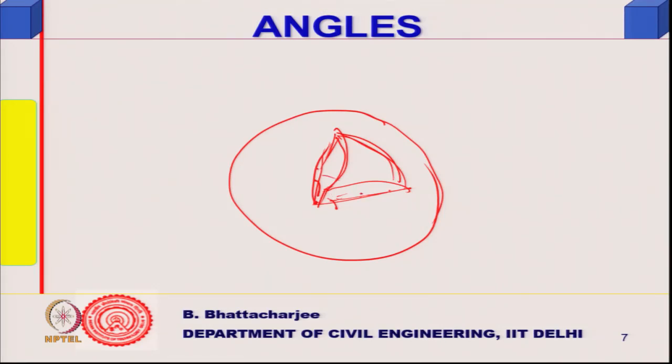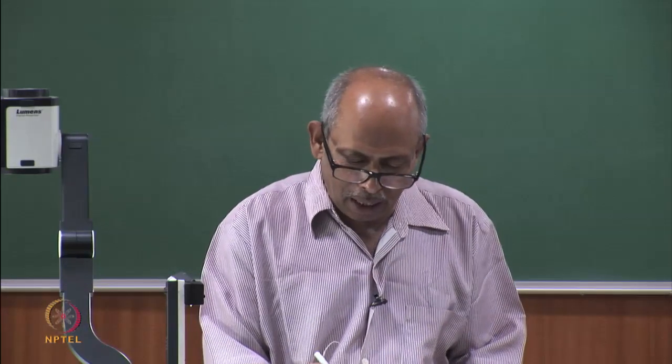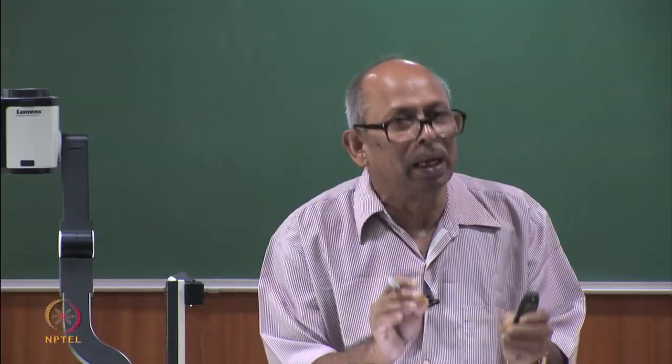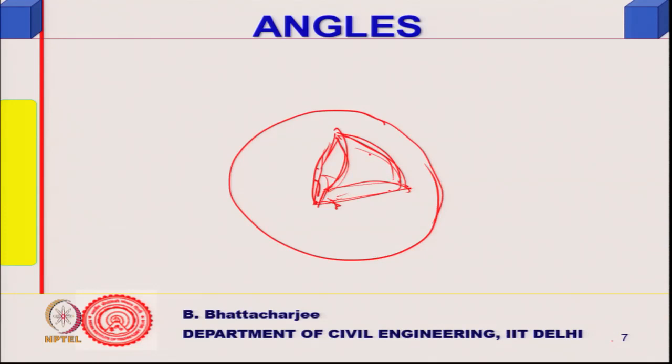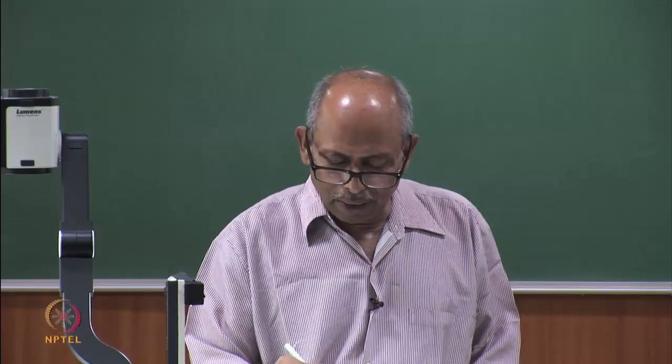So, in a spherical triangle there are three planes actually. One is covered by one of the arcs, another by another arc, and the third. They must lie on the same circle. So this is one, this is another, and the third one is a bigger one. And then there are in-between angles, right. That is what a spherical triangle is.